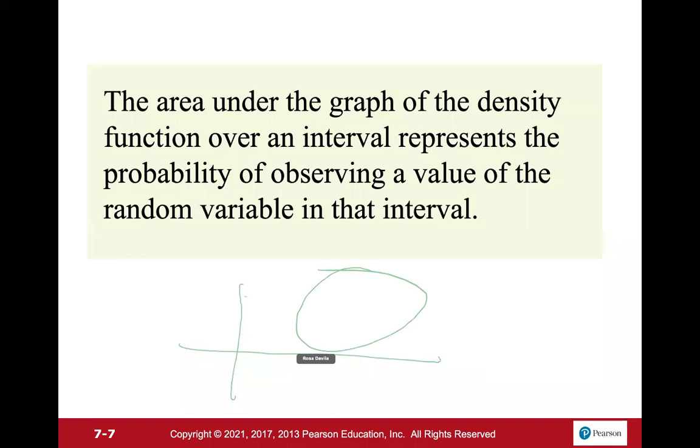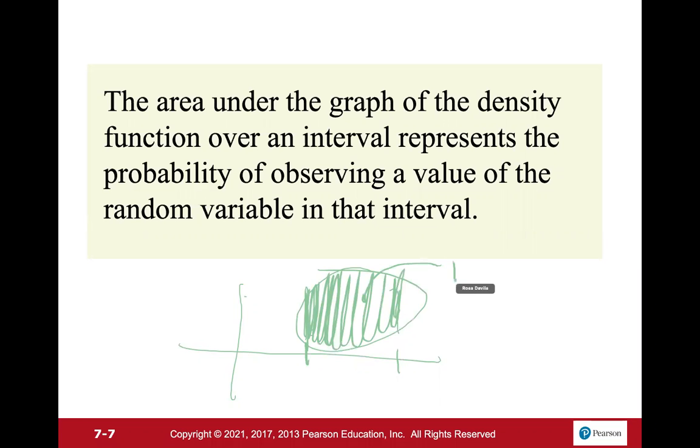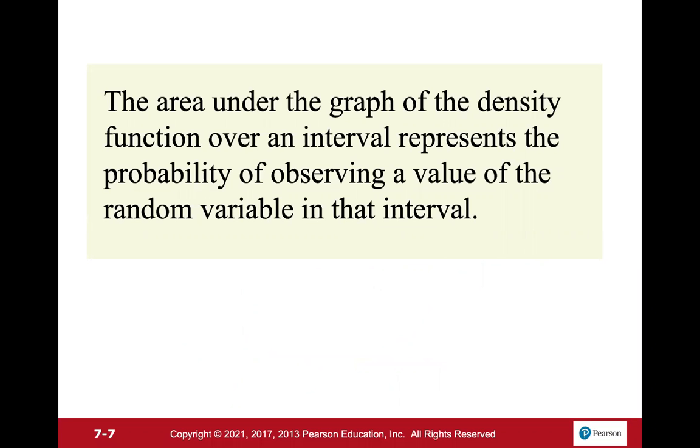If we're looking at the area between one value here and another value over here, the area represents the probability. We could say A to B. So the probability of A being less than or equal to x, less than or equal to B. That's all they're stating in this part.